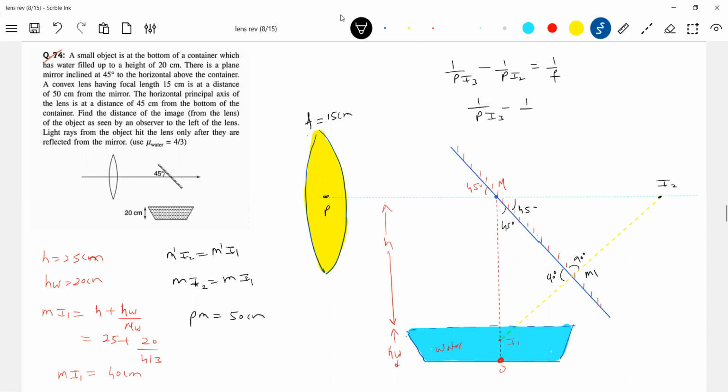Now what should be the PI2? PI2 should be equal to minus of PM plus... let's substitute this also. Focal length is how much? Plus 50. Okay, solve all this, get the PI3.